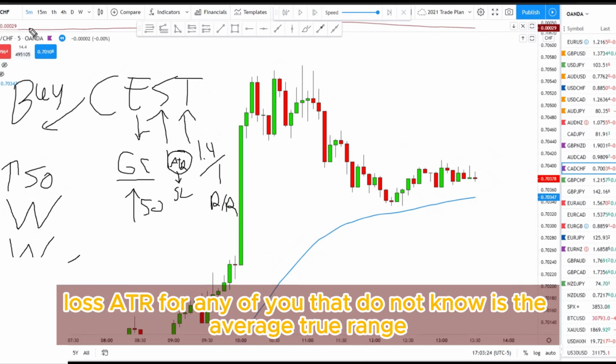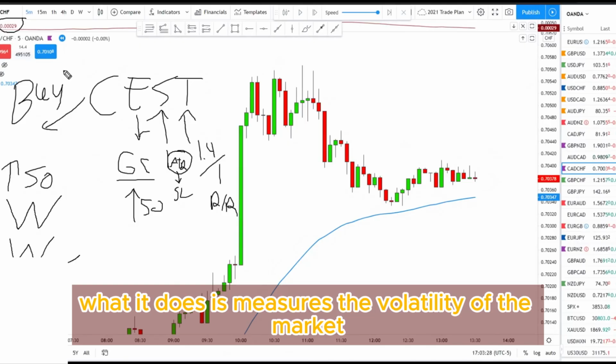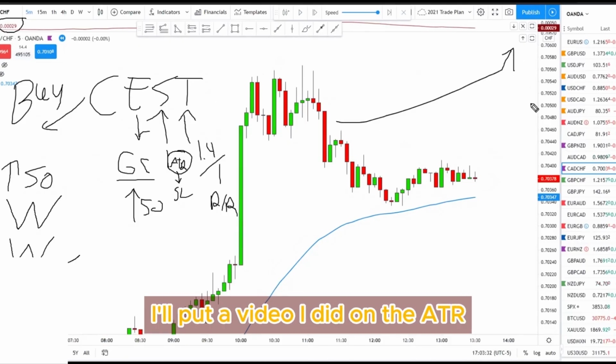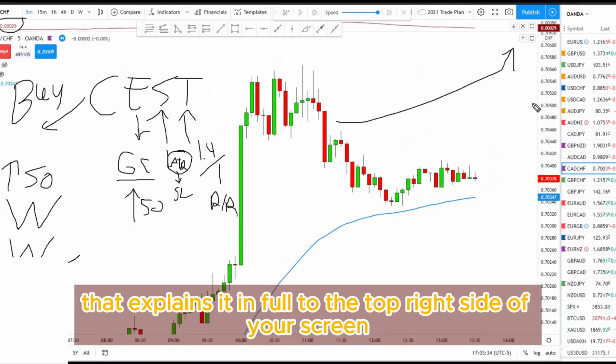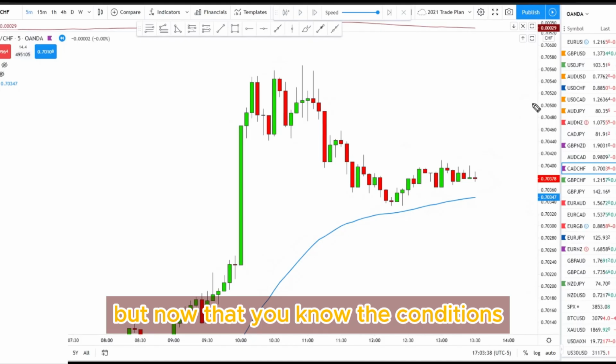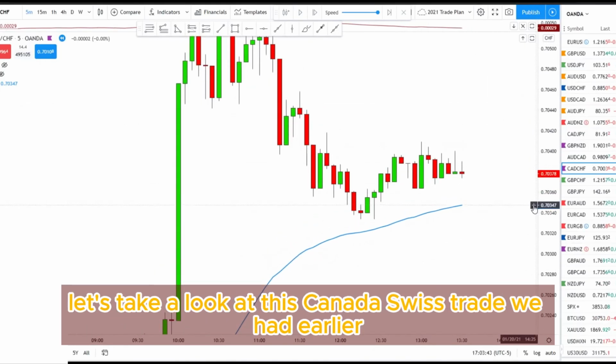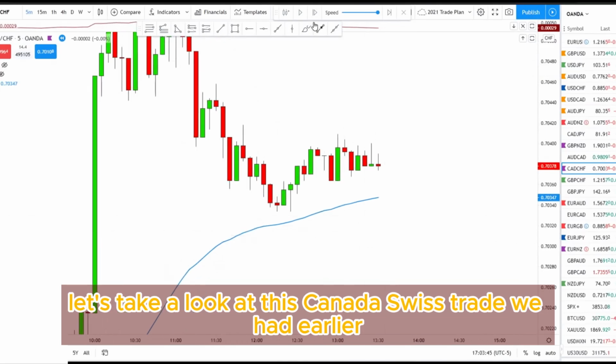ATR, for any of you that do not know, is the average true range. It measures the volatility of the market based on the last 14 candles. I will put a video I did on the ATR that explains it in full at the top right side of your screen. But now that you know the conditions, entry reasons, stops, and targets we are using with today's strategy, let's take a look at this Canada-Swiss trade we had earlier.